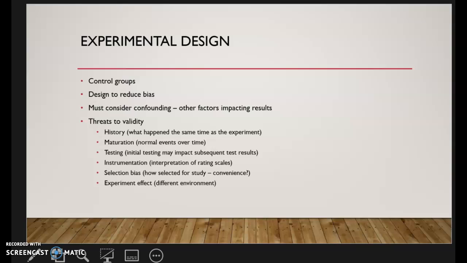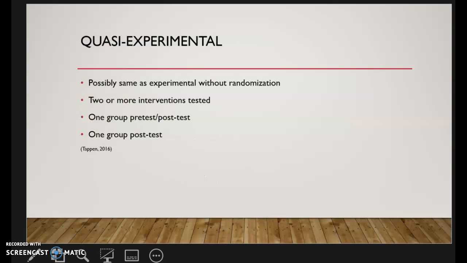process. So when we're looking at quasi-experimental, it's not quite as rigorous as the experimental design, not as rigid, so to speak. Possibly it may be the same type of experimental design, but maybe it didn't have randomization, or there may be two or more interventions that may be tested at the same time.